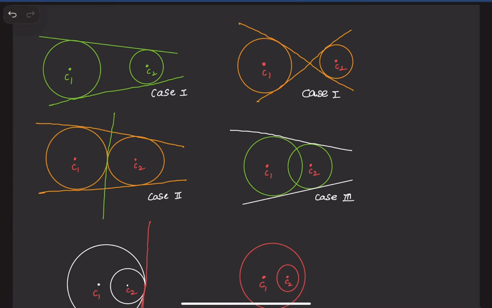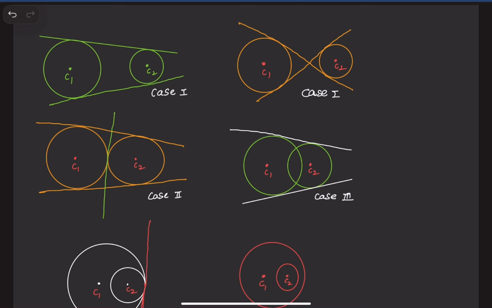Then, if this circle and this circle do not touch each other, we can draw two common tangents to those two circles. And these common tangents are called direct common tangents. Alright.